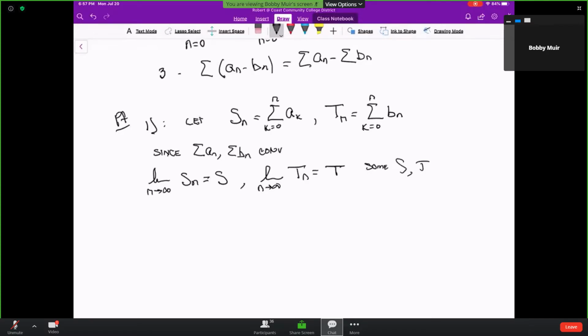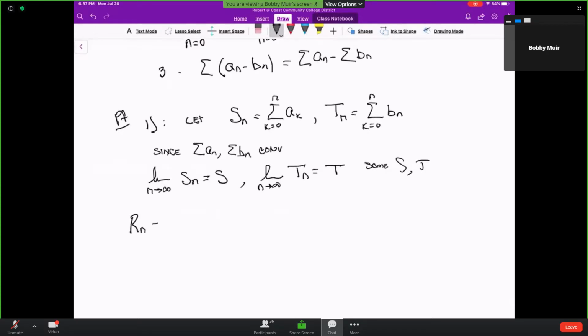All right, so if I was to let R_n be the sum k equaling 0 up to n of a_k plus b_k, well, now this is a finite list. So what we get is S_n plus T_n, because I can reorganize everything in a finite list. In an infinitely long list, you have to answer some questions before you know it's okay to do that.